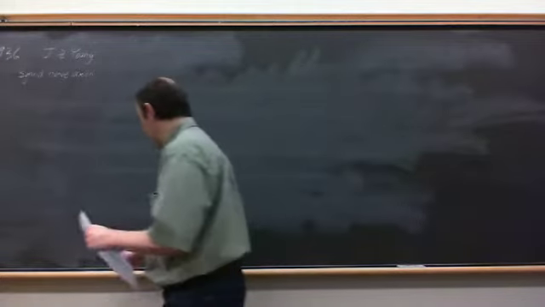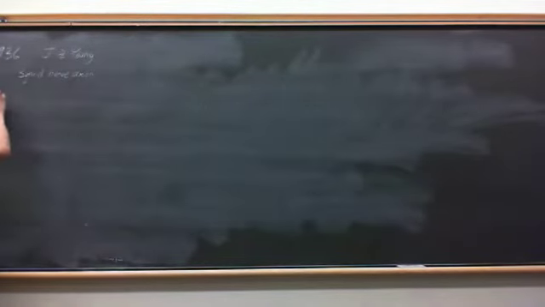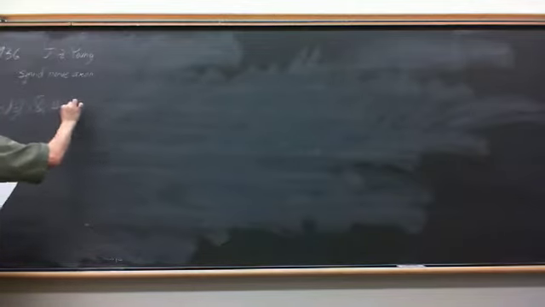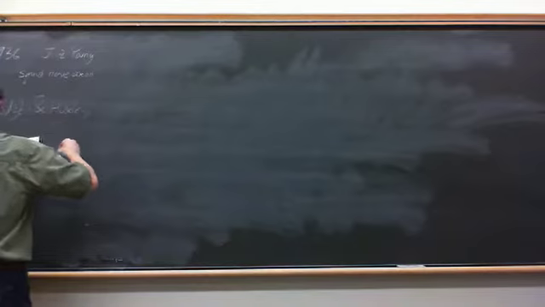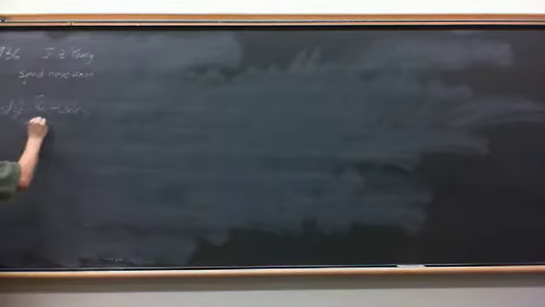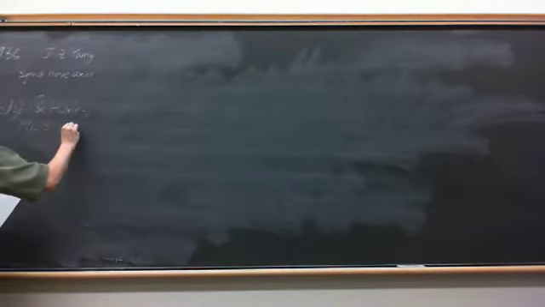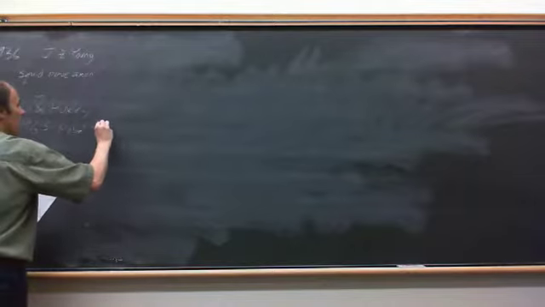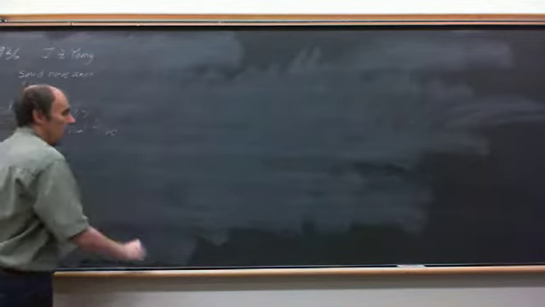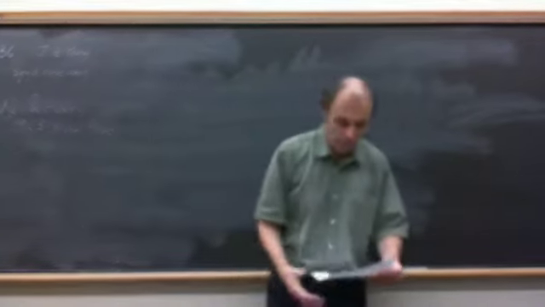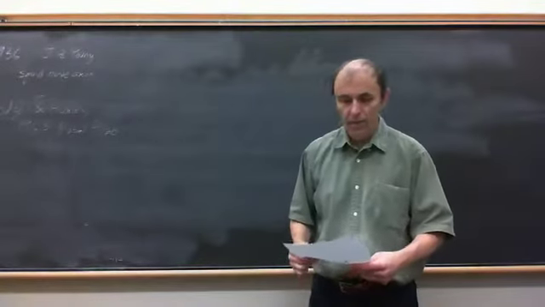So Hodgkin and Huxley are two English scientists, Alan Hodgkin and Andrew Huxley. And they got the Nobel Prize in 1963 for this work. The work was actually done in the late 1940s, most of it, to try to figure out how nerves work.